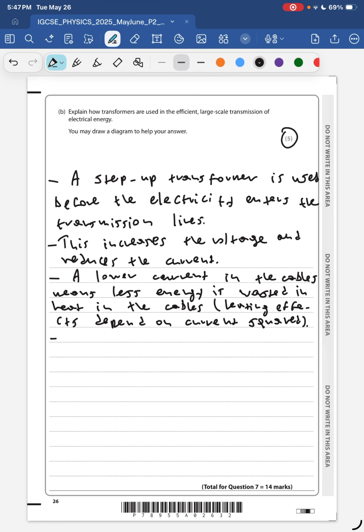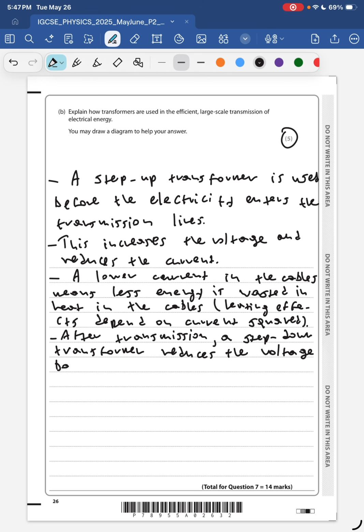After transmission, a step-down transformer reduces the voltage back to safe levels for household use.